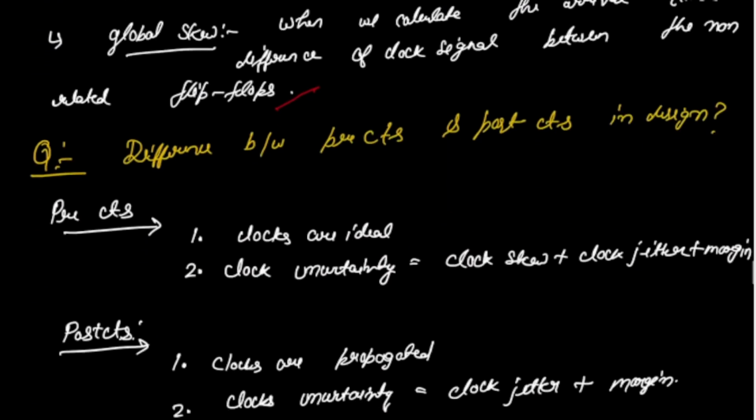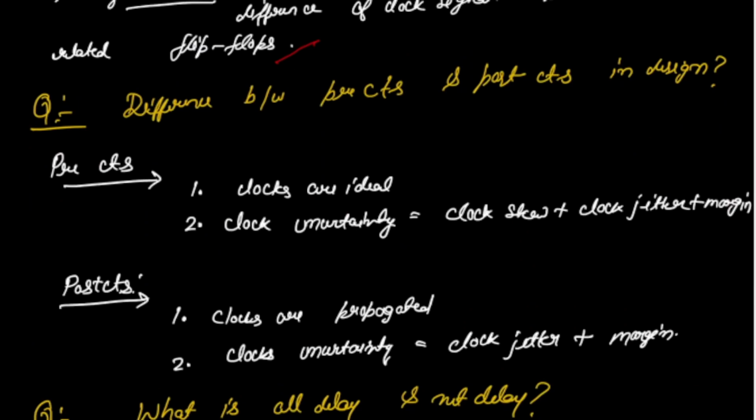Next question is the difference between pre-CTS and post-CTS in a design. It means pre-clock tree synthesis and post-clock tree synthesis. Pre-CTS clocks are ideal. Post-CTS, we have the clock tree built, and clocks are propagated.